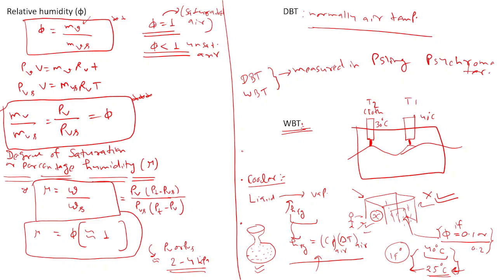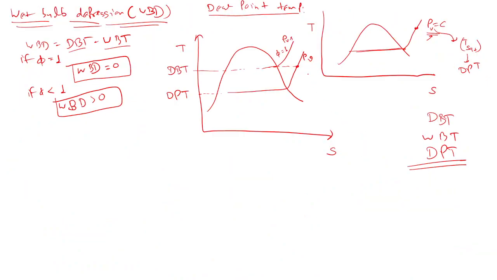So the same thing, sir. Relative humidity coming out would be like 0.8, 0.9. If it would be 1, then this would become the wet bulb temperature. But generally it is not so. So where would the wet bulb temperature be here? Can anyone tell?